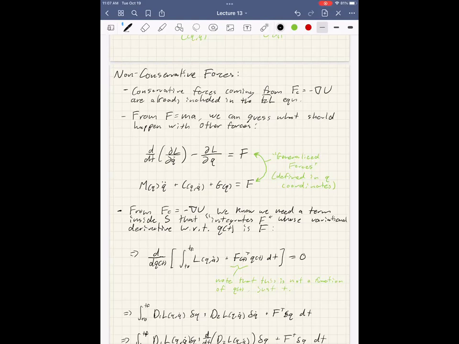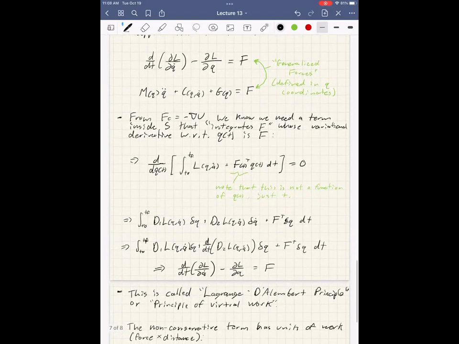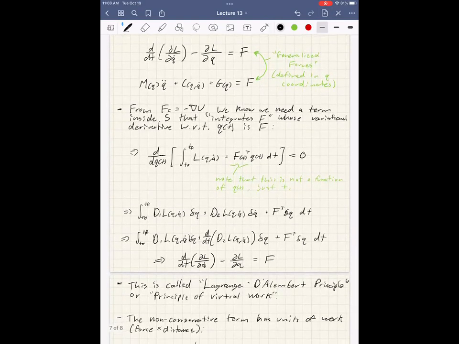So I get partial with respect to Q times delta Q, and partial with respect to Q dot times delta Q dot. And the next line is the derivation we did of the Euler-Lagrange equation before, which is why I went fast and skipped stuff. This is what we get by just doing the chain rule. And I want to get rid of this delta Q dot term and turn it into a delta Q term so that I can factor it out and compute the derivative. So what I do then is this integration by parts trick. And this should be a minus sign.